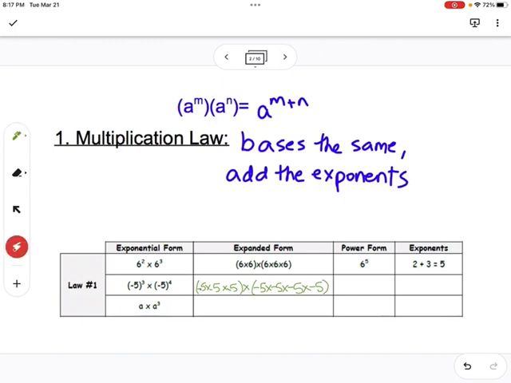So here we have 1, 2, 3, 4, 5, 6, 7 negative 5's. So negative 5 to the exponent 7. Okay, same bases, multiplication in between, adding the exponents, 3 plus 4.